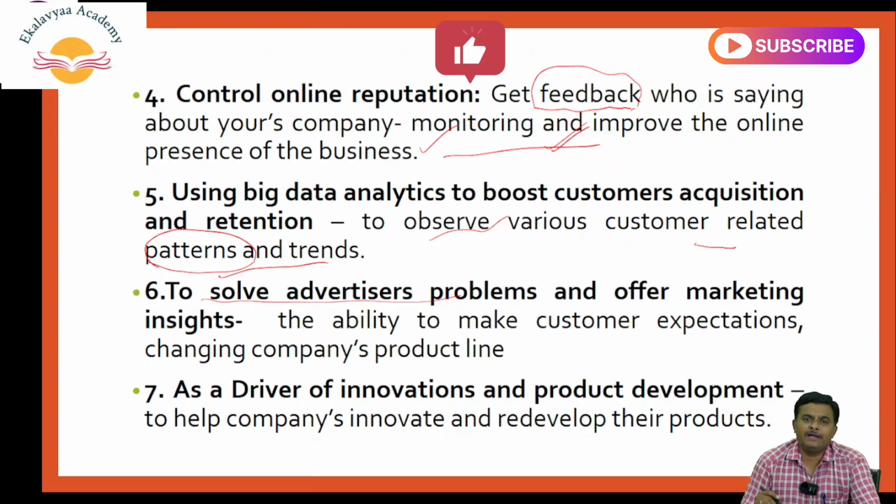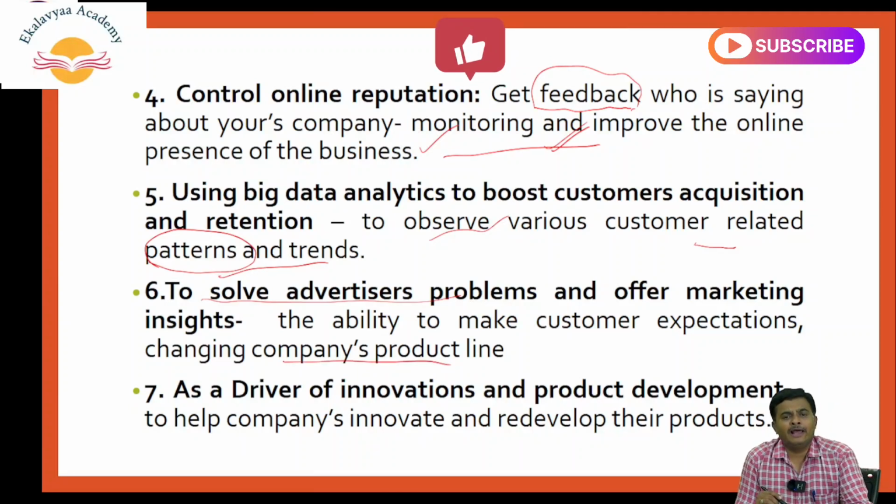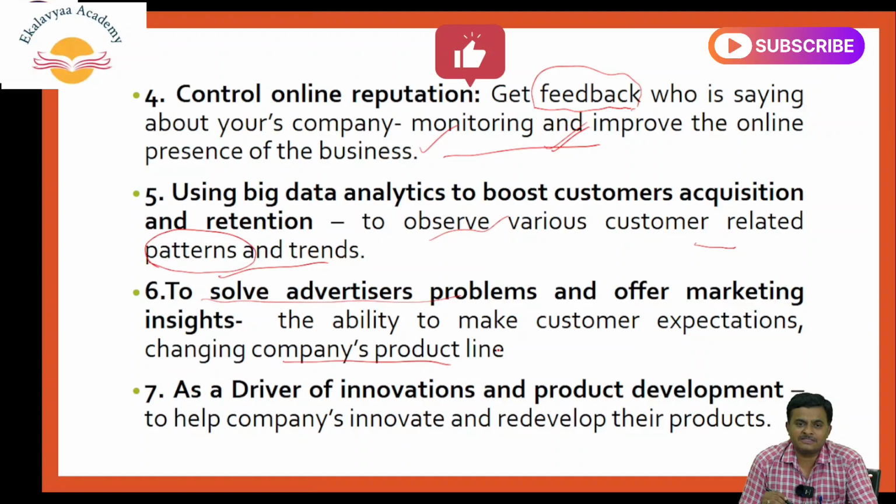And then to solve advertisers' problems and offer marketing insights. It is an ability to make customer expectations change the company's product line. For example, a customer searches for a product in Google using a browser. After that, if he visits some other website, he will be able to see the relevant advertisement on that particular site.